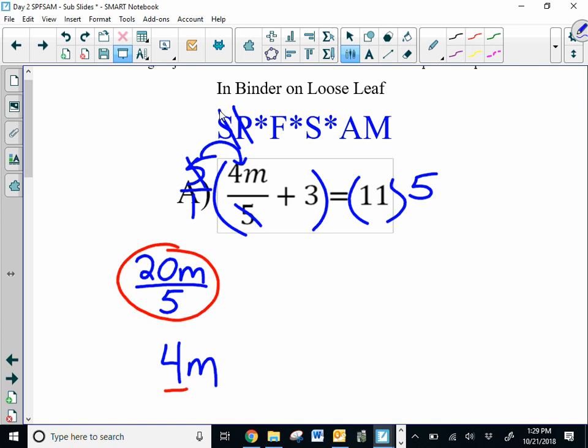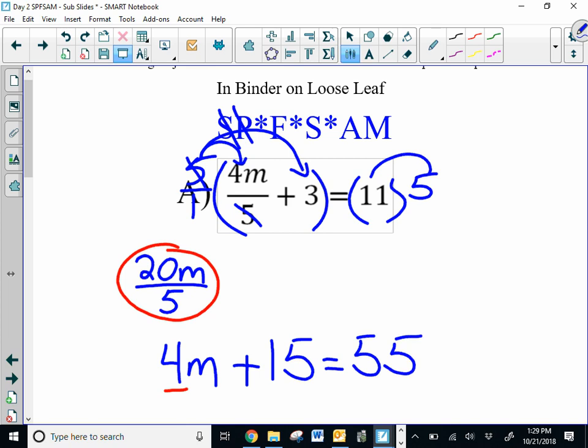The long way is going to be a little more helpful on some problems we see later, but for right now, you can do that shortcut pretty easily. But if we see those 5's cancel out, don't forget, you still have to then multiply the 5 by that 3. So it wouldn't be plus 3, it'd be plus 15 equals 5 times 11, 55.